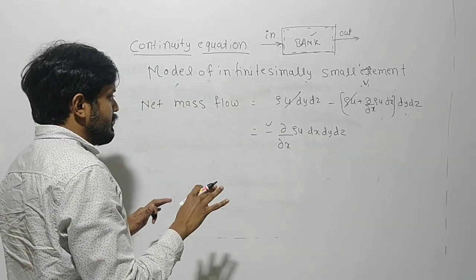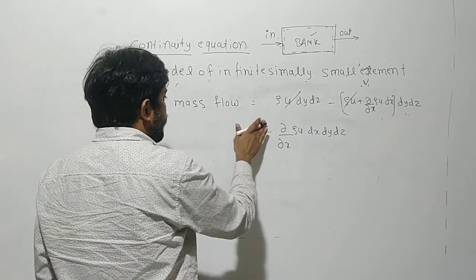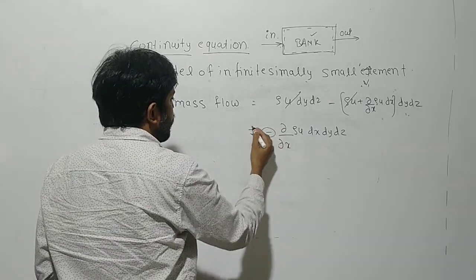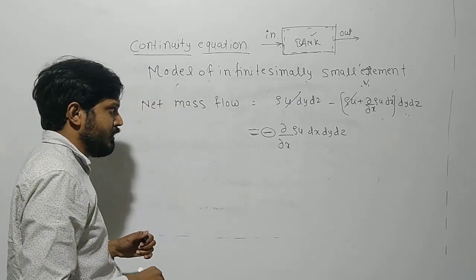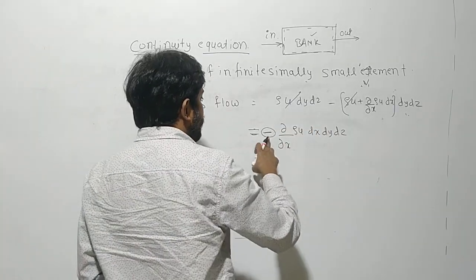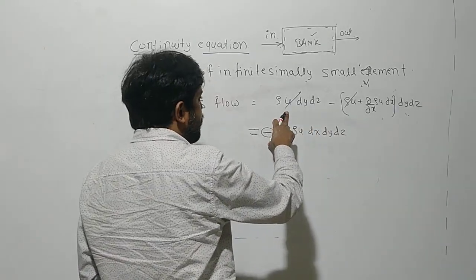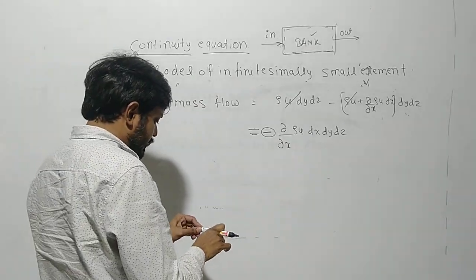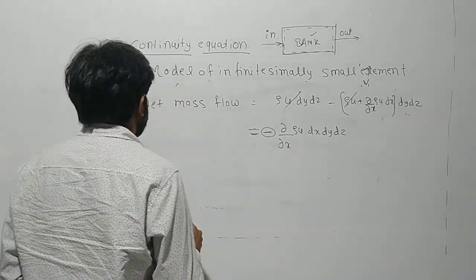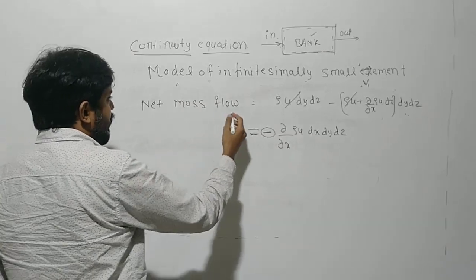Okay, so this all depends on your direction only. Don't focus on this negative or positive sign. If we take out minus in, it will be positive. If it is in minus out, it will be negative. This is according to vector dimension. So that is the net mass flow in the x direction.